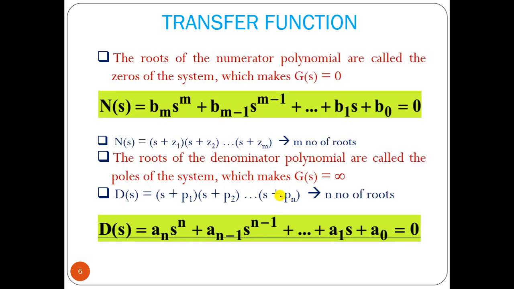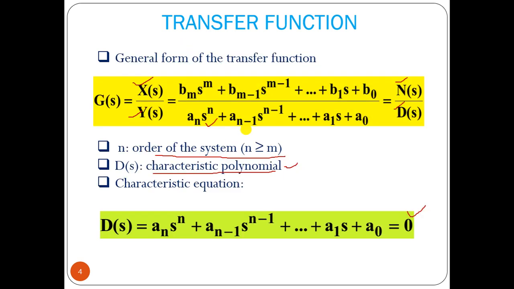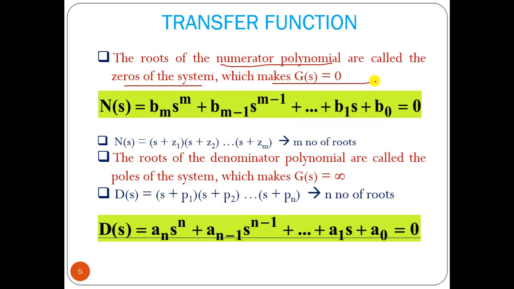Now the roots of the numerator polynomial are called the zeros of the system, because if we put the roots of the numerator in the transfer function, your transfer function becomes 0. The roots of the denominator polynomial are called the poles of the system.